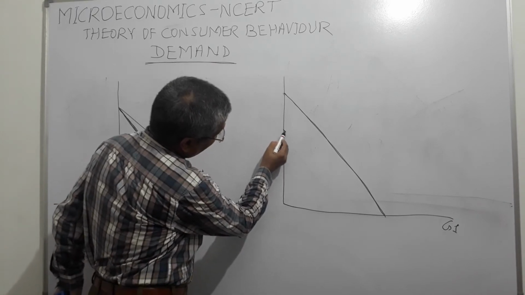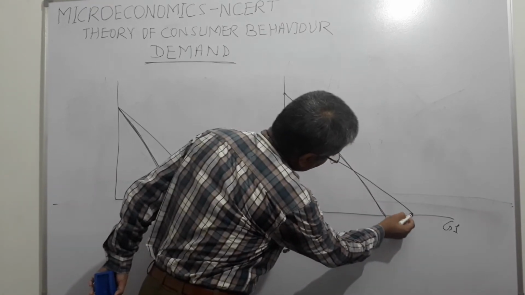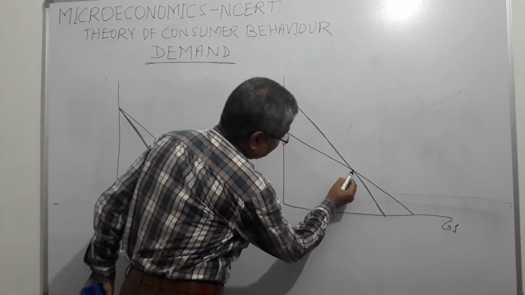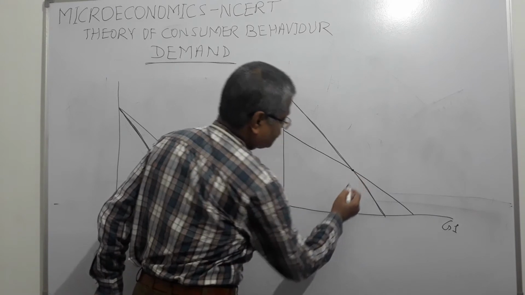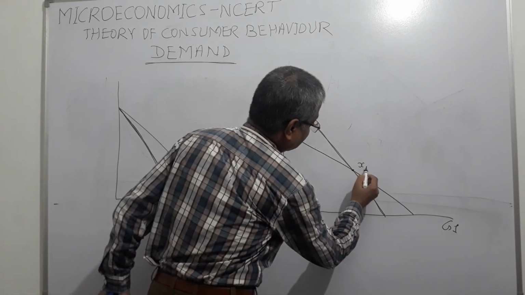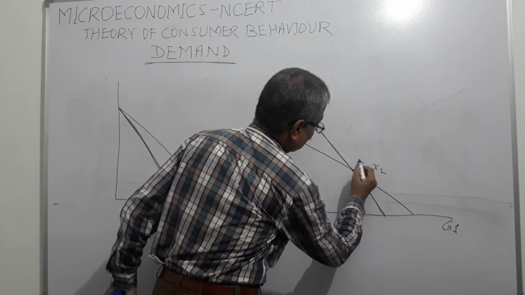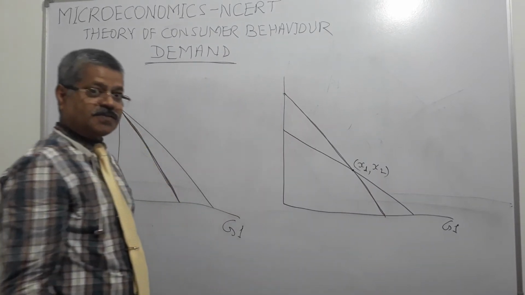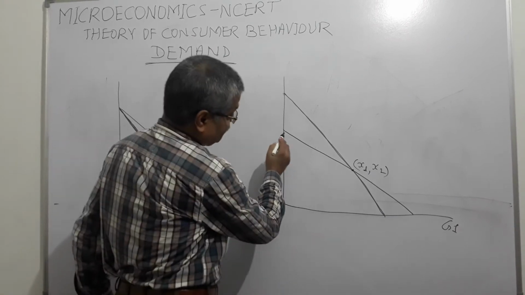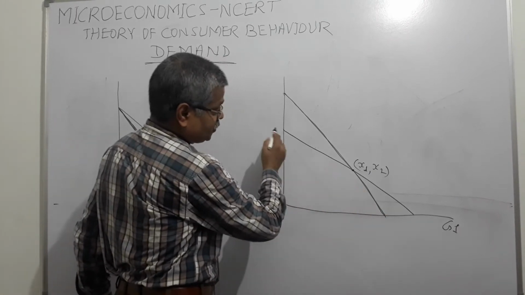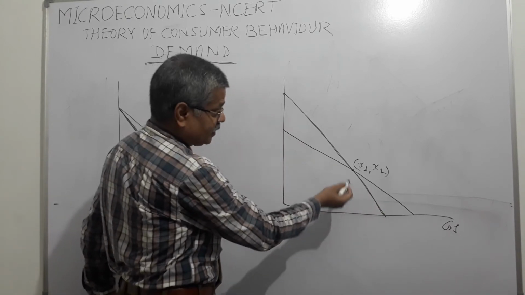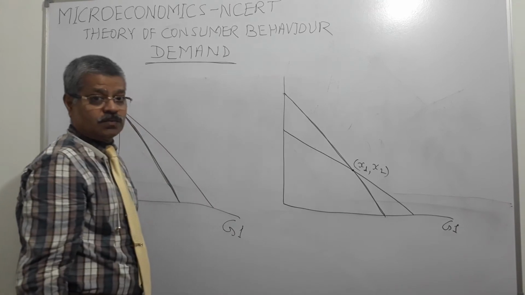This becomes like this budget line. And what is this point? X1, X2. It remains the same. This shifted budget line cuts the original budget line at X1, X2.